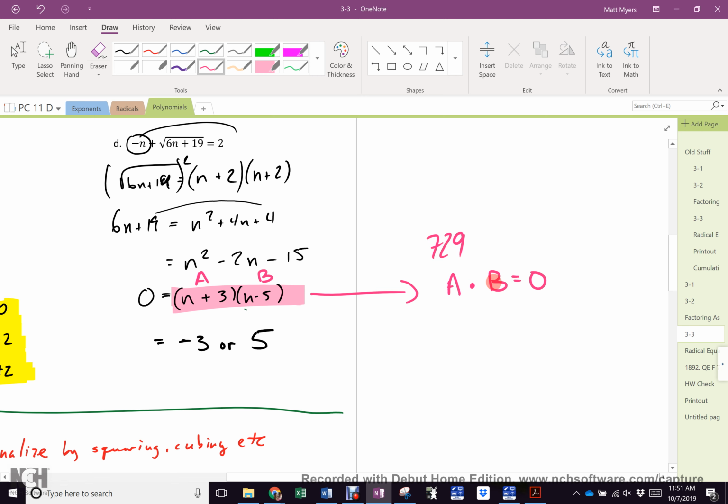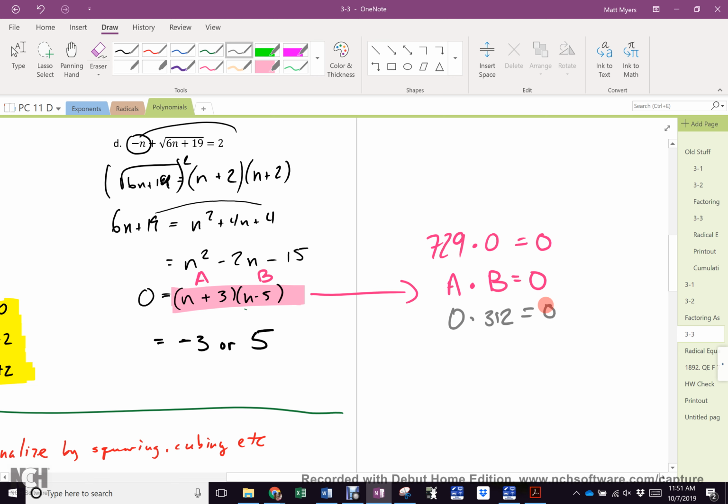What would be the value of B to make this true? 0, because 729 times 0 equals 0. Cool? Let's say B is 312. What would that make A to keep this line true? 0, because 0 times 312 is 0.